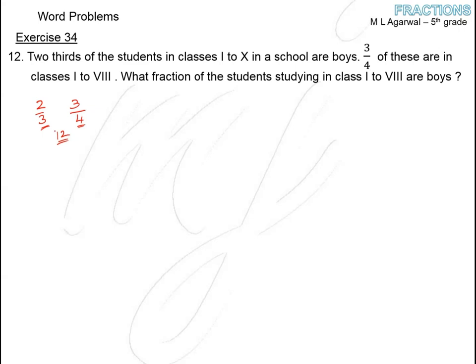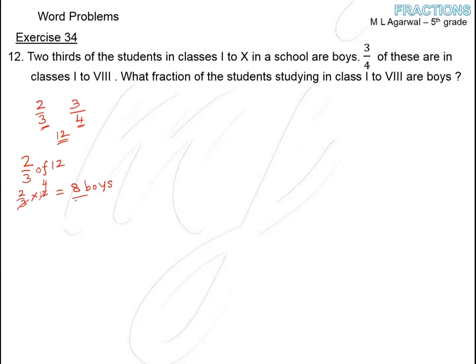So 2/3 of 12 in 1 to 10 are boys. So 2/3 into 12, 3 fours are 12, so 8 boys are there out of the 12 students studying from 1 to 10.